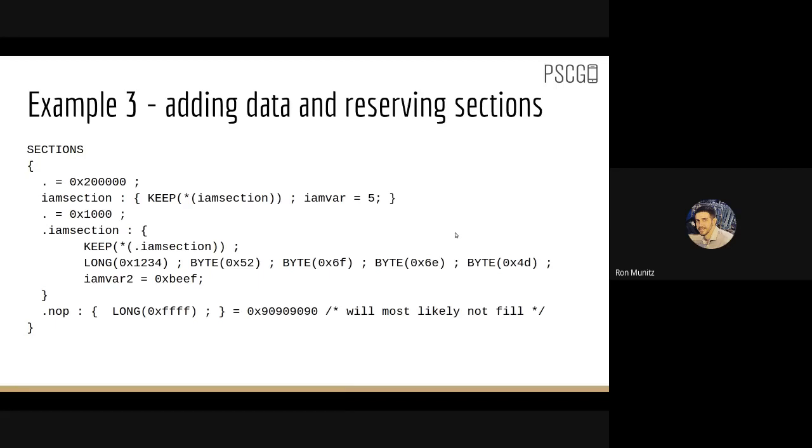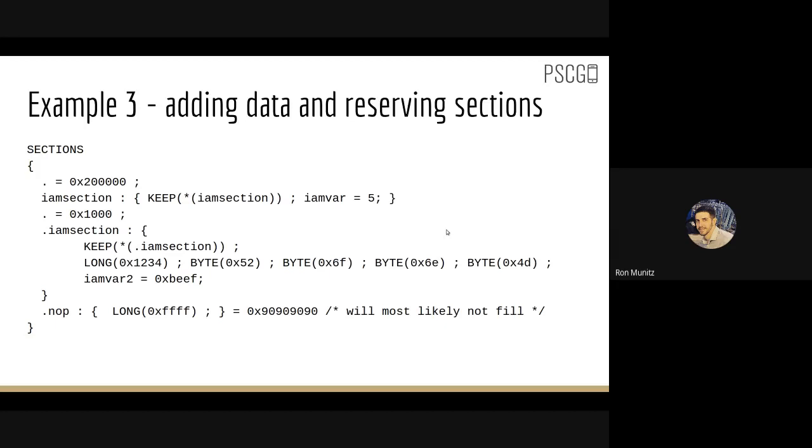So I can actually go ahead and use the KEEP keyword that I will explain in a bit in order to decide, okay, let's say that I have all kinds of files that are linked with the linker that takes this linker script as its instructions. I can keep symbols from other places that would otherwise maybe be discarded because they're not used, for example.